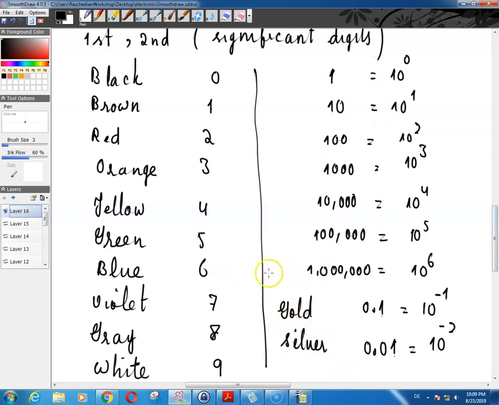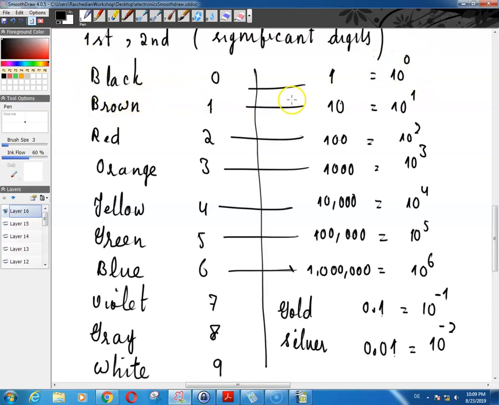These multiplier colors go all the way up to blue. What that means is that if you have black in the multiplier band, you multiply the significant figures by 10 raised to the power 0.